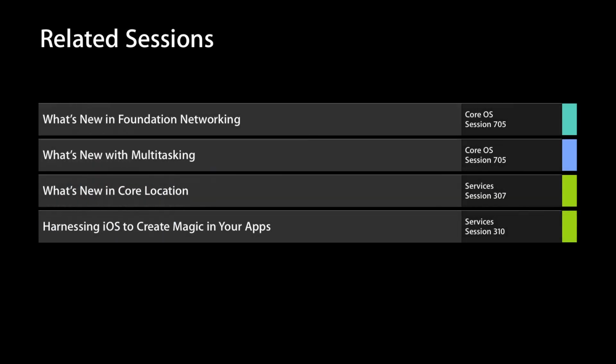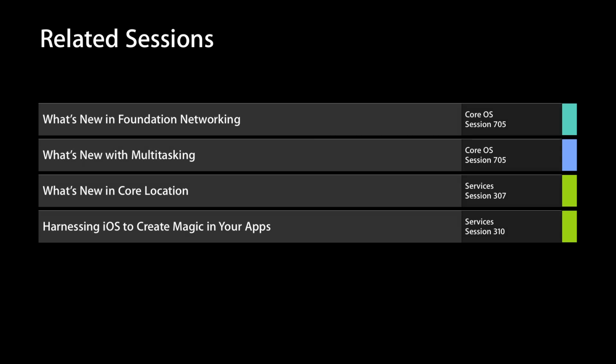In addition to that, we talked a lot about all of these new technologies at WWDC this past year, and obviously, I've just scratched the surface on all of these. So definitely check out these videos. What's New in Foundation Networking went into NSURLSession and all of the functionality that is offered there. What's New in Multitasking went through the remote notifications and background fetch.